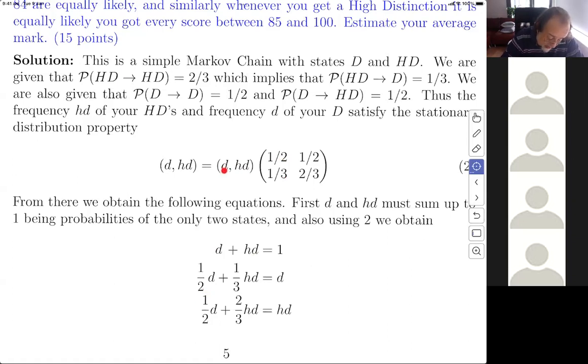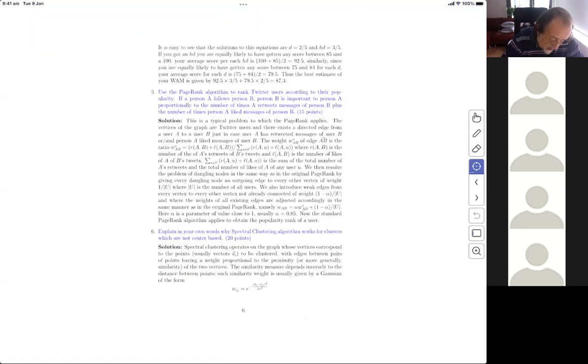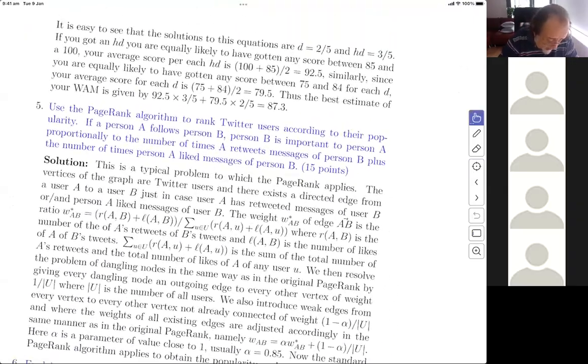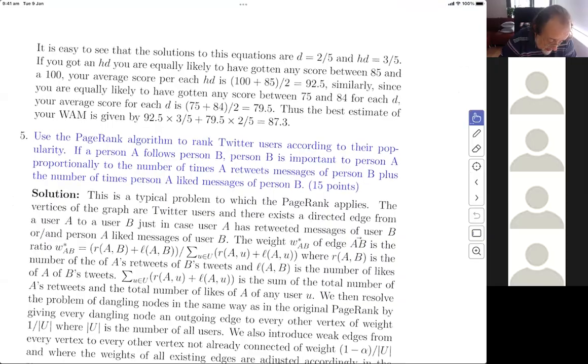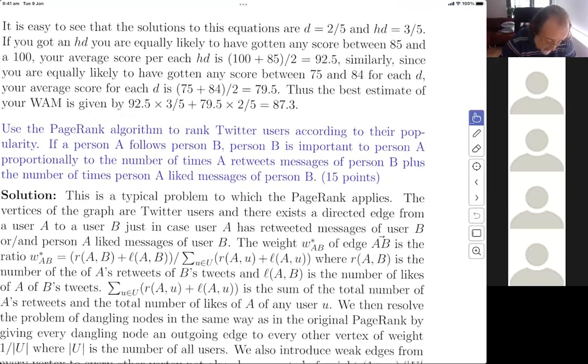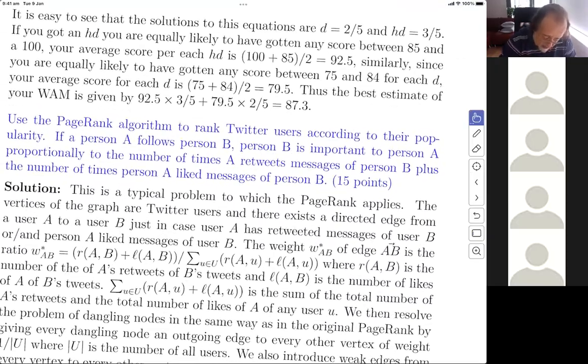And similarly, D times 1/2 plus HD times 2/3 is equal to HD. And now from the first 2, or first and the third, this doesn't really matter, equations, it's easy to see that the solutions to these equations are D is equal to 2/5 and HD equals 3/5.